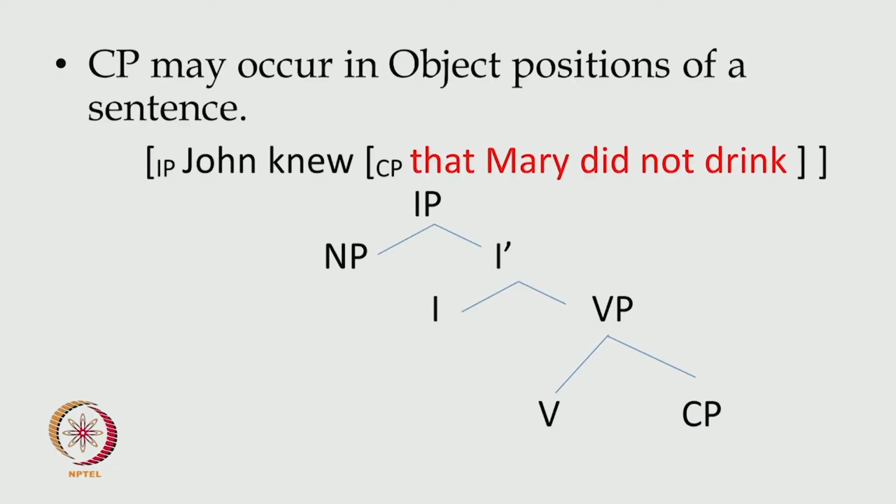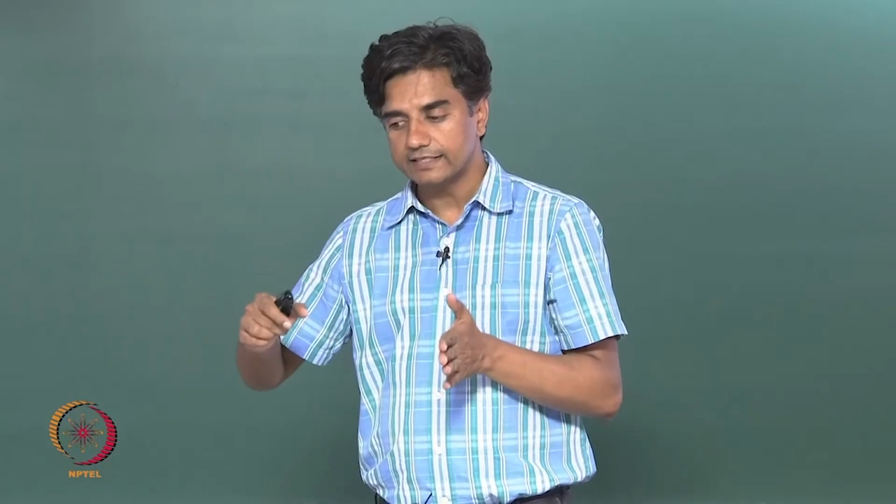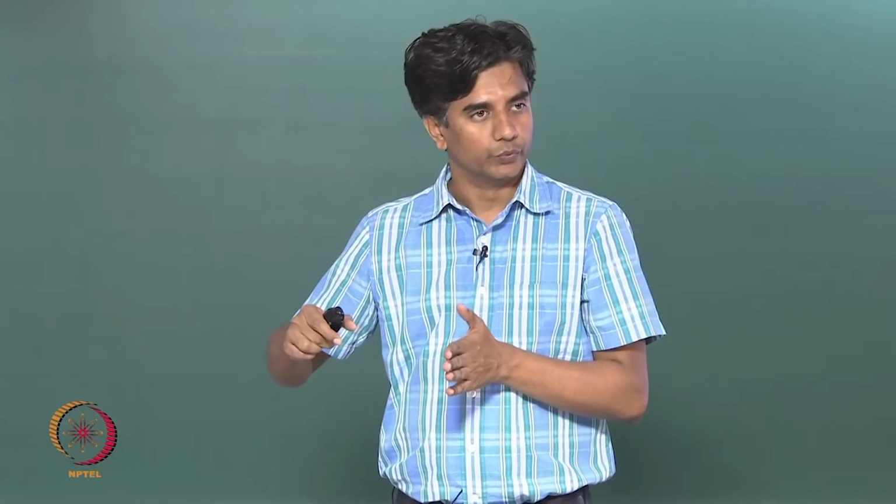So, do you see here that a CP is a complement of the VP? Do you see that with clarity? In a sentence, John knew that Mary did not drink. Right? That's a sentence which is an IP. What's the verb of this sentence? Knew. Right?